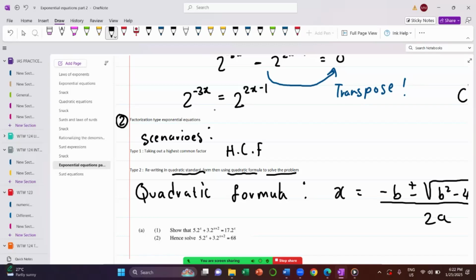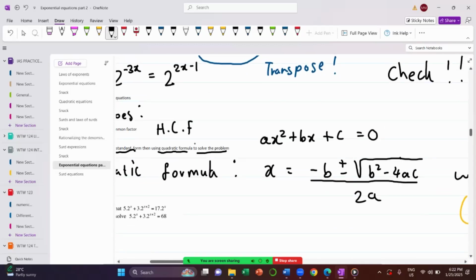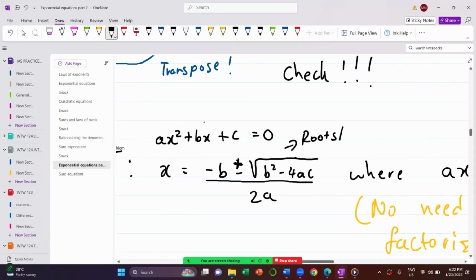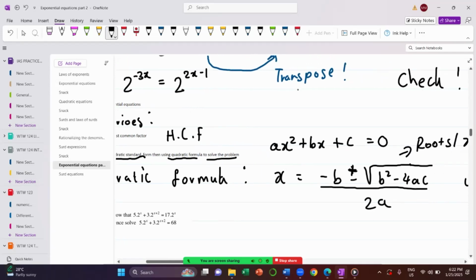Quadratic standard form is something of the form ax squared plus bx plus c, all equal to 0. And this is the quadratic formula. It allows me to find the roots, or x values, or x-intercepts, doesn't matter whatever you call them, of a quadratic equation, because this is a quadratic equation.